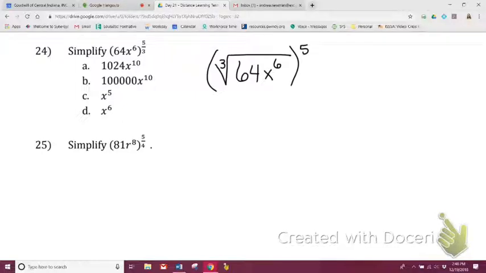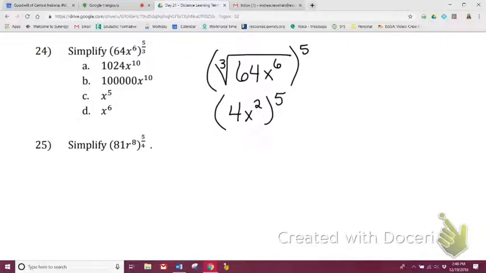You're going to hit the 64, the shift button, the button that's right above the division, and then the 3. I got 4. And then for your exponent, you take the number inside and divide it by the root, so 6 divided by 3 gives us 2.